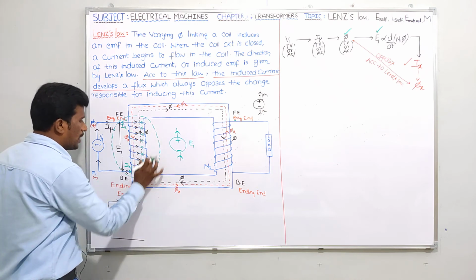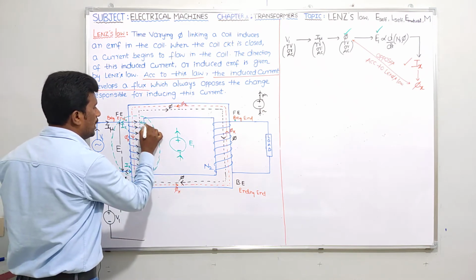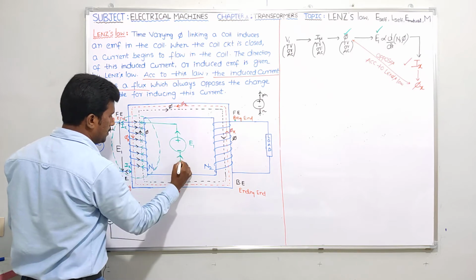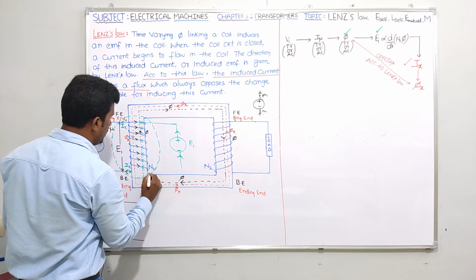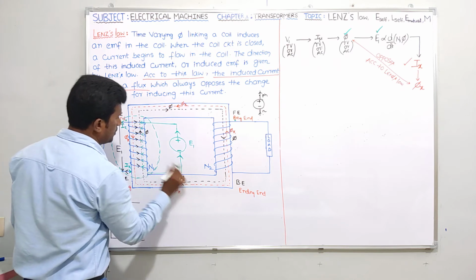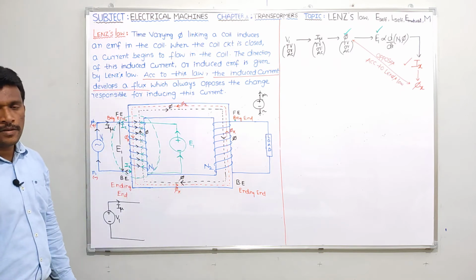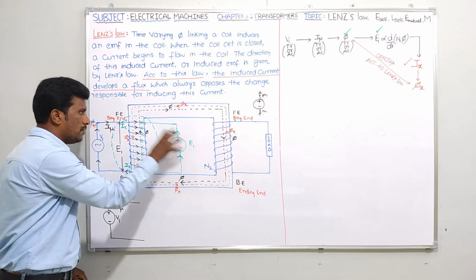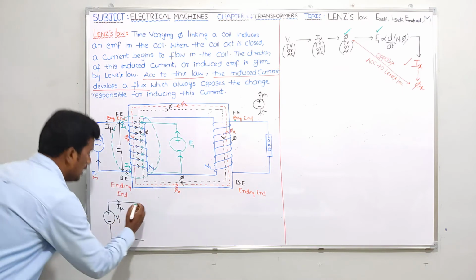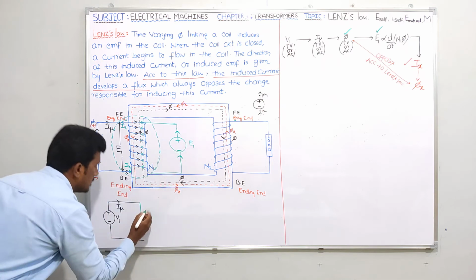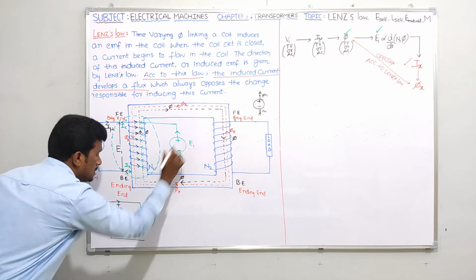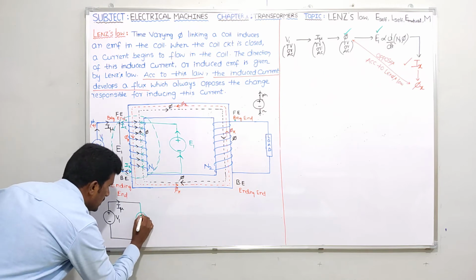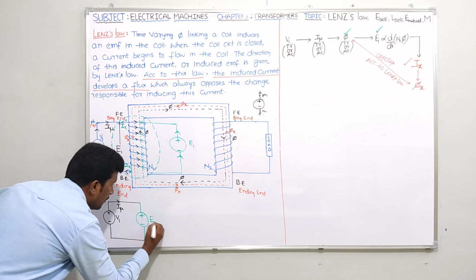In this primary winding, to be frank, I can draw this portion simply. If you are having confusion, don't draw this E1 here. Let me draw separately here. Yes. Plus, minus. What is the voltage? E1.